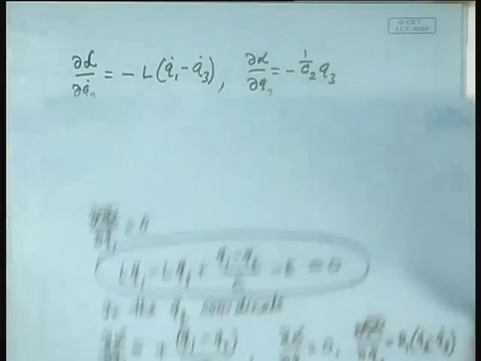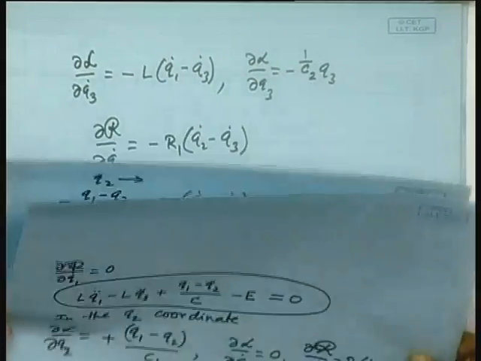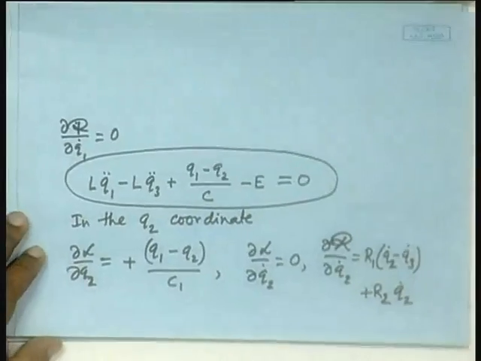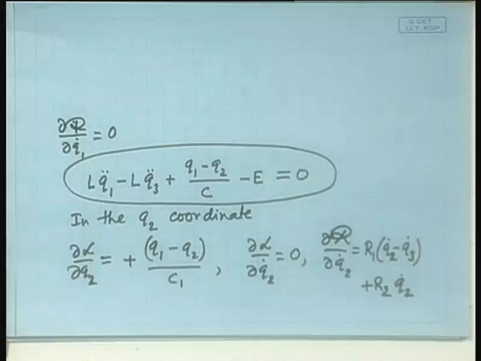Only one pointer, that is, I do not know whether you know this, that we had started with the assumption that we can define the minimum number of necessary coordinates by simply looking at the windows and putting q1, q2, q3 along them. This is in general true, but there are situations where this procedure does not give the minimum set of coordinates.